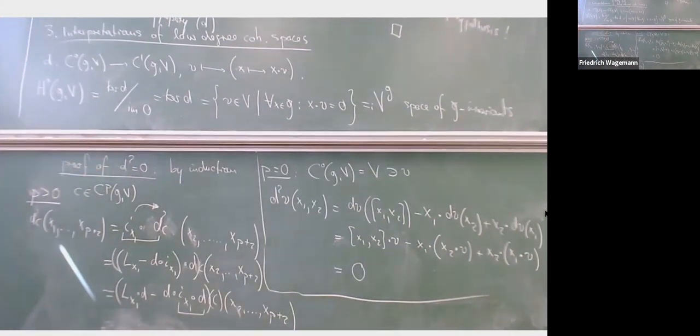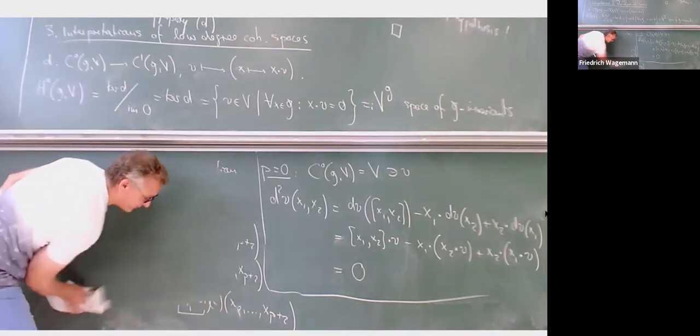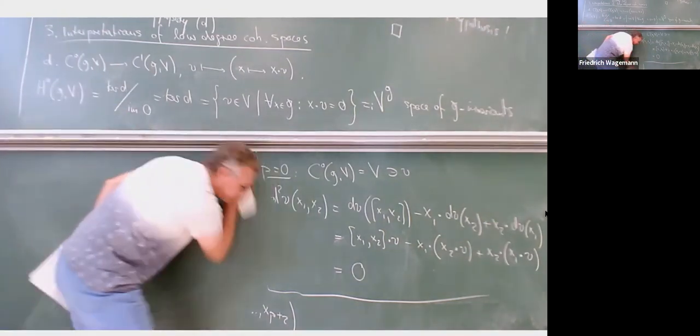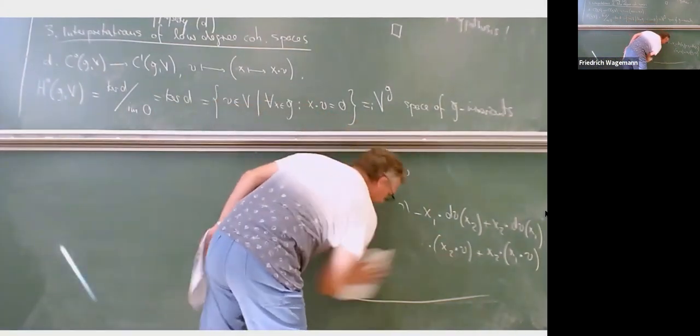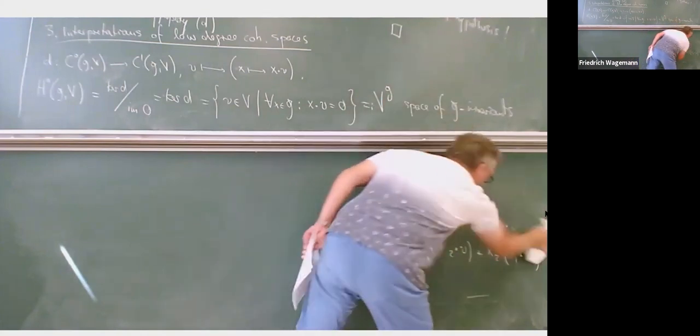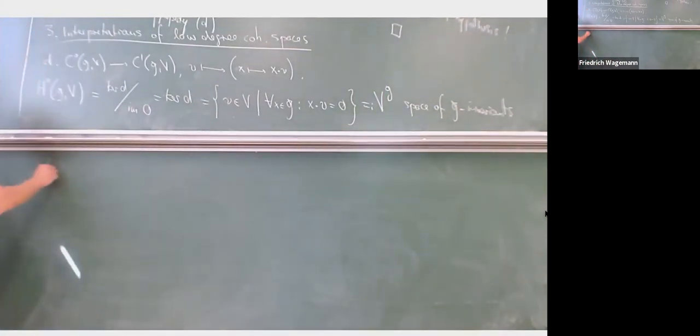Okay. And you can have some easy examples of invariants just by taking your favorite Lie algebra and your favorite g-module and see what it gives. Usually this is fairly easy to compute if your module is not too complicated. So I have some examples here.